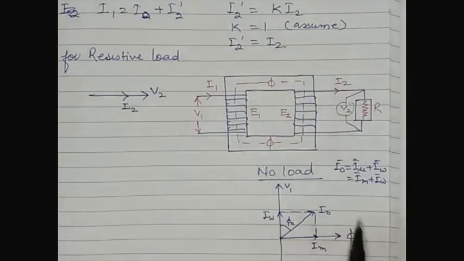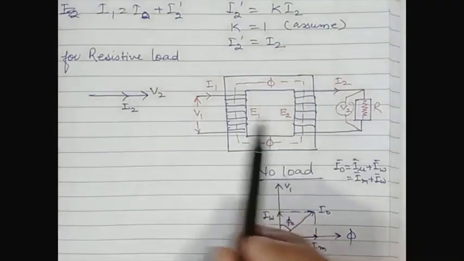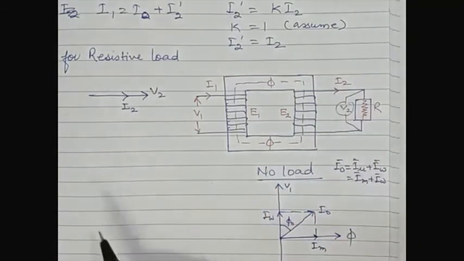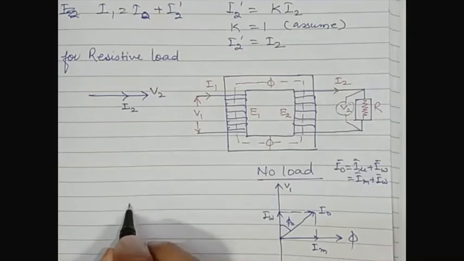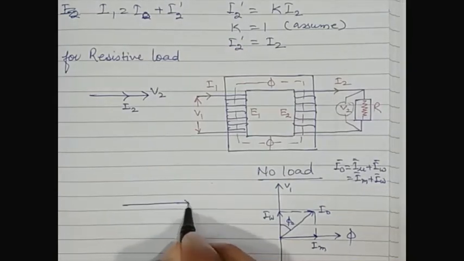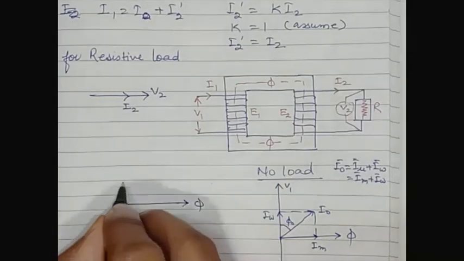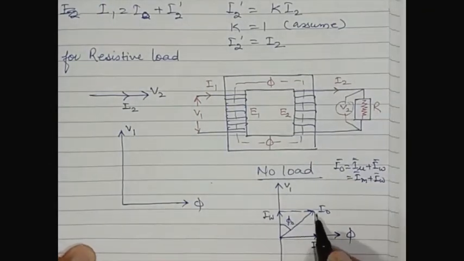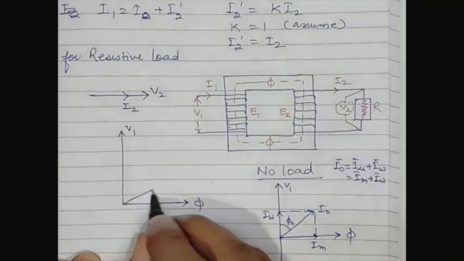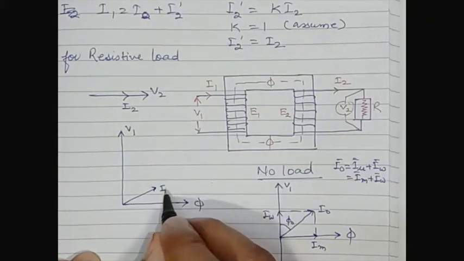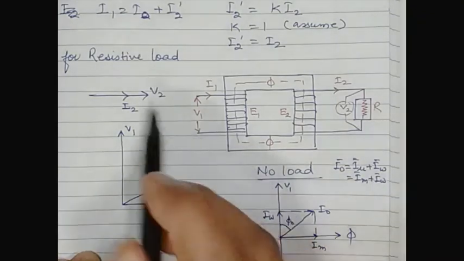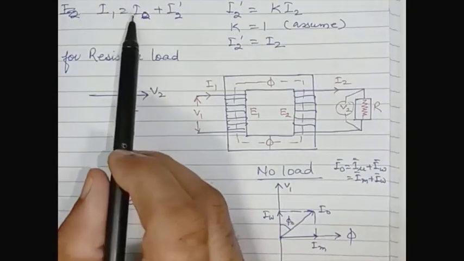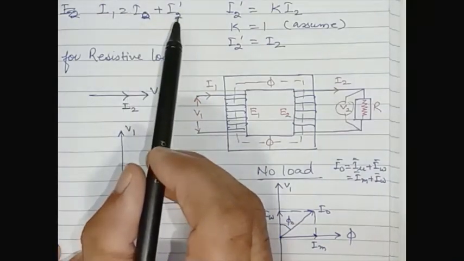Now, considering the same, we will draw the phasor diagram when the transformer has a resistive load. This is phi, the magnetic flux, this is V1, and let us suppose this is I naught. Here we have the relation I1 is equal to I naught plus I2 dash.